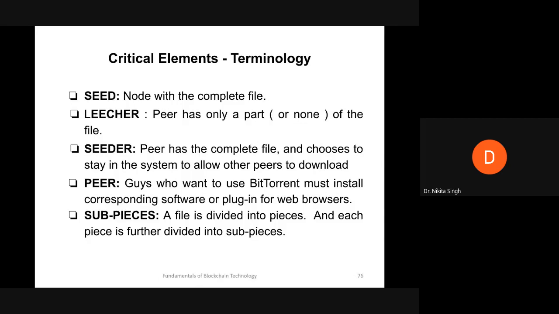Then we have a peer, that is somebody who installs the BitTorrent software or some other plugins for web browsers. Anybody who is part of the BitTorrent network is a peer. If you are actively downloading information, you are a leecher. If you are uploading information or you have the complete information, you are a seeder.